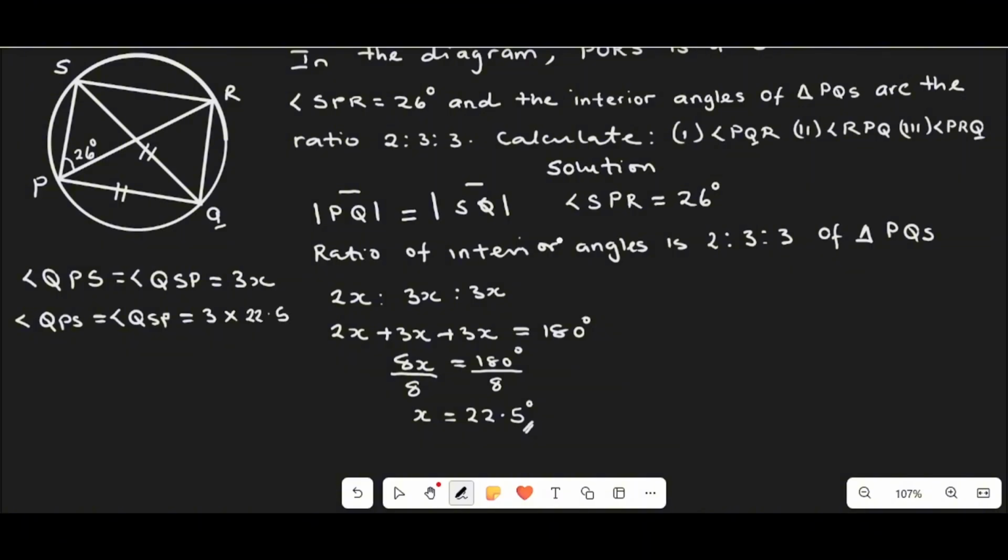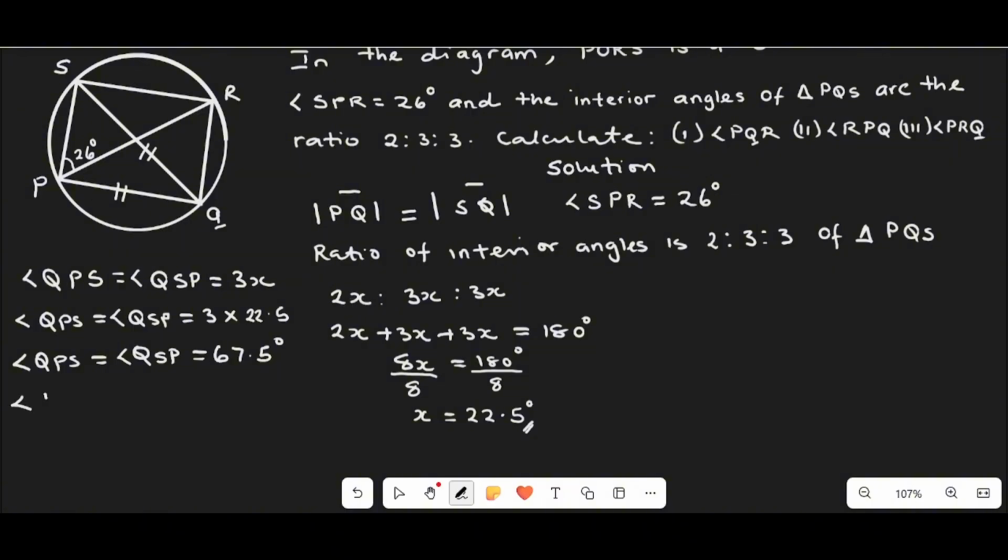So angle QPS equals angle QSP equals 67.5 degrees. Angle PQS will be equal to 2x.